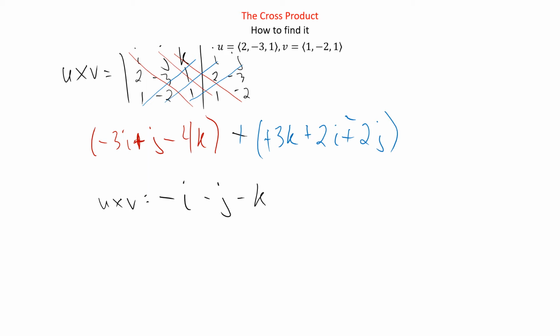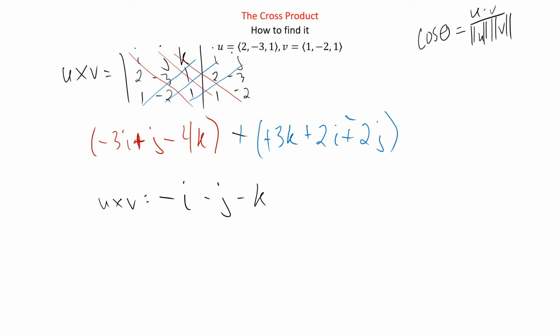How can we tell if something's perpendicular? If we remember way back when, the dot product, if the dot product is 0, it's perpendicular. If we remember our dot product, or our angle equation, the cosine of the angle in between them will equal u dot v divided by magnitude of u times magnitude of v.